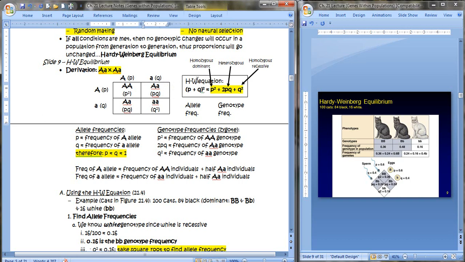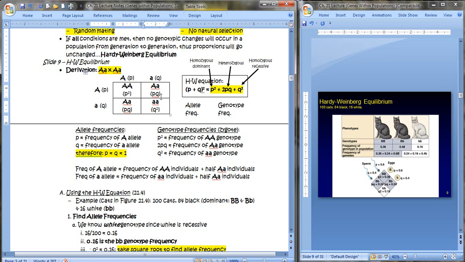So the equation is right here, and this you need to know. Here, P plus Q squared, this is your allele frequency, and it's squared because of the fact that you're using it twice over here. These represent your allele frequencies. P is your dominant allele frequency. Q is your recessive allele frequency.